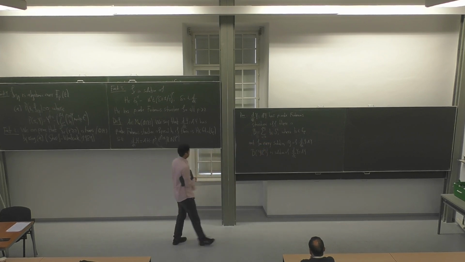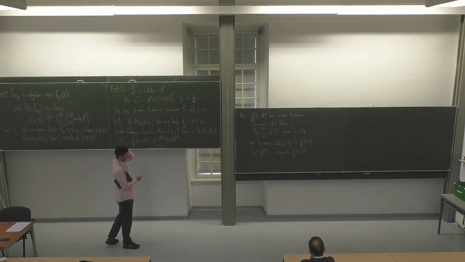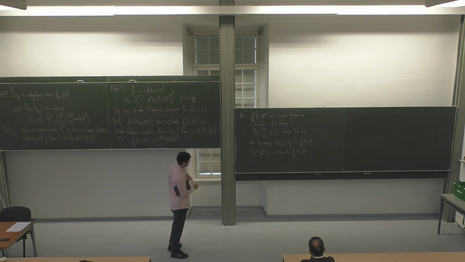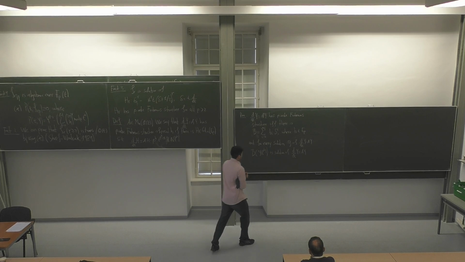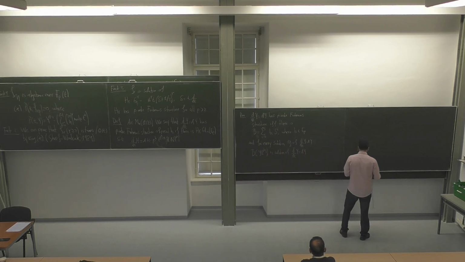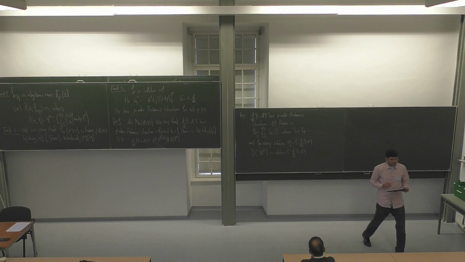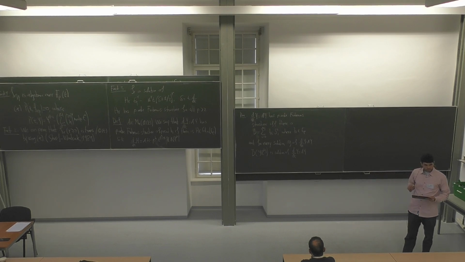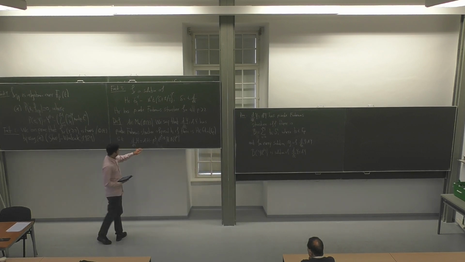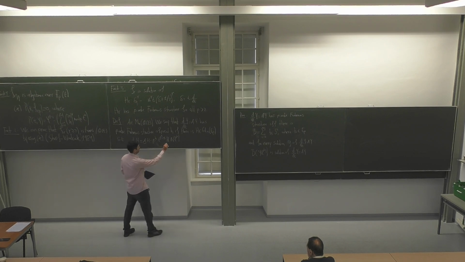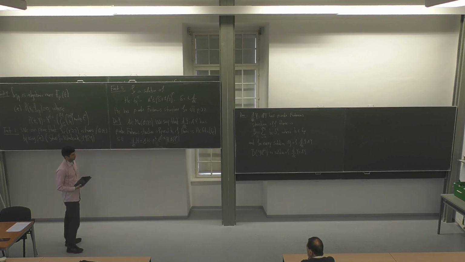As Masha told yesterday, this H means that these two systems, A and the one given by this matrix, are equivalent.